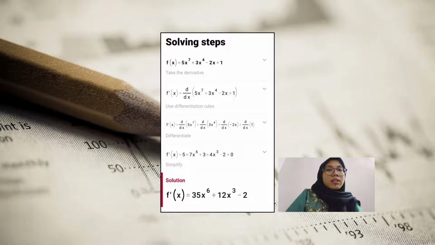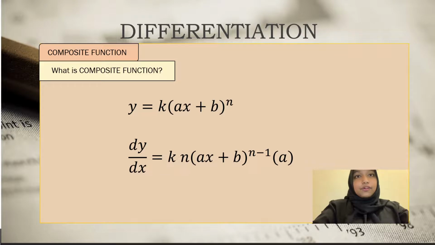And the solution that you can get is f prime x equals 35x power 6 plus 12x power 3 minus 2. Thank you, Aini, for your explanation.